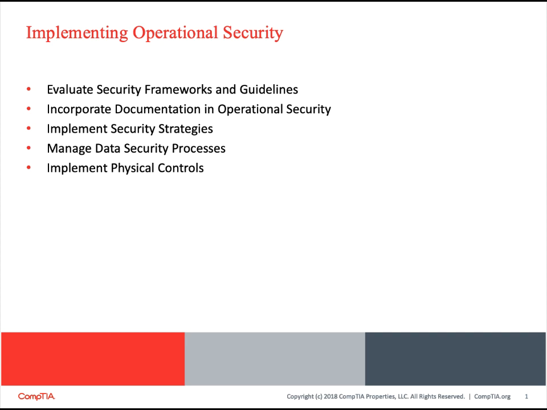So first, we're going to talk about evaluating security frameworks and guidelines, incorporating documentation in operational security, implementing security strategies, managing data and security processes, along with implementing physical controls.